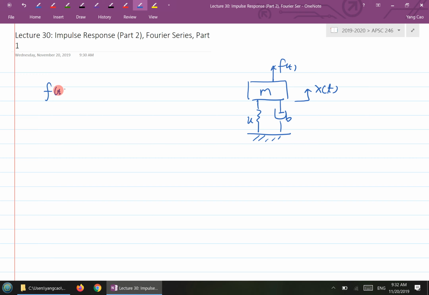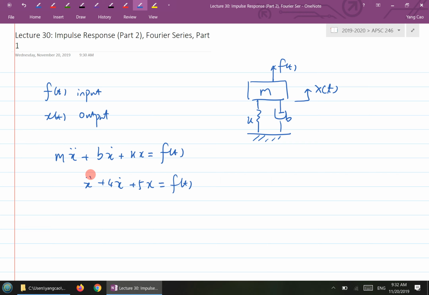So for this question, for example, this is the input, and this one is the output, right? So these are the two symbols in here. And for the second order differential equation, you get this after you plug in the M, B, K. Okay.